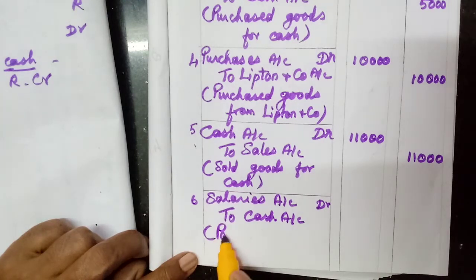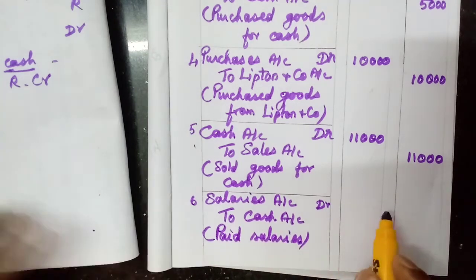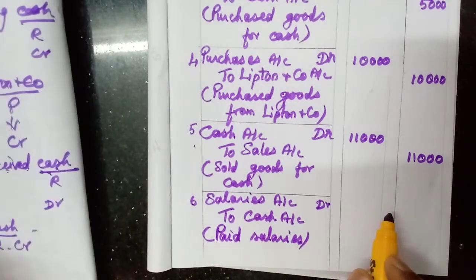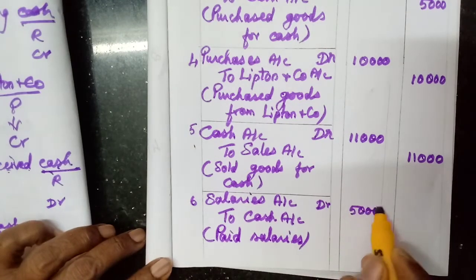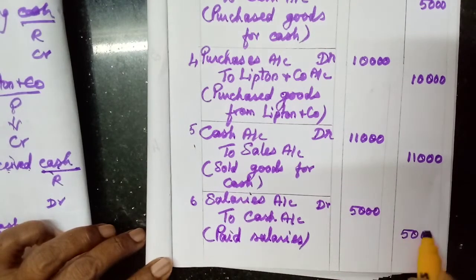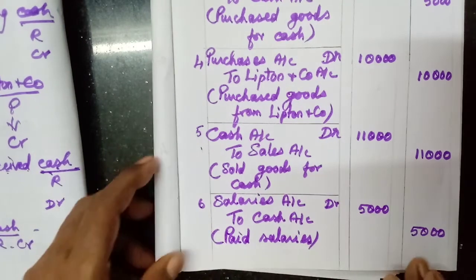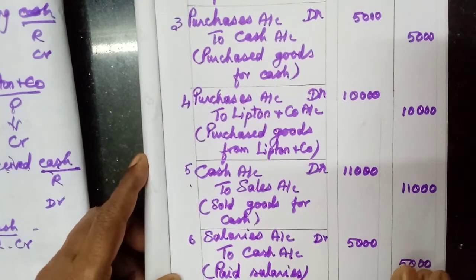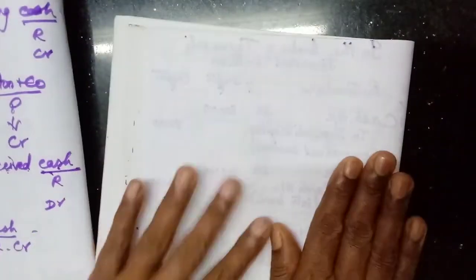Okay, paid salaries. How much paid salaries? 5,000. Then you have to draw a line. Okay, students. Then next page you can turn. There also we need to draw the line. Okay.